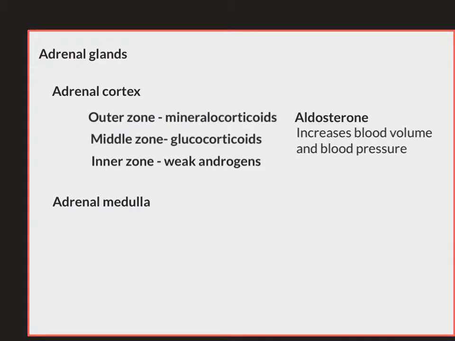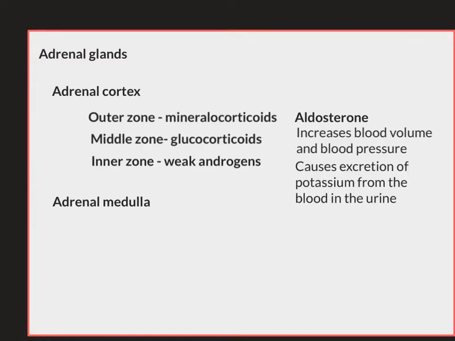It also stimulates the excretion of potassium from the blood into the urine. The secretion of aldosterone is controlled by the renin-angiotensin-aldosterone pathway. This is a pathway that I will discuss more in the urinary chapter.